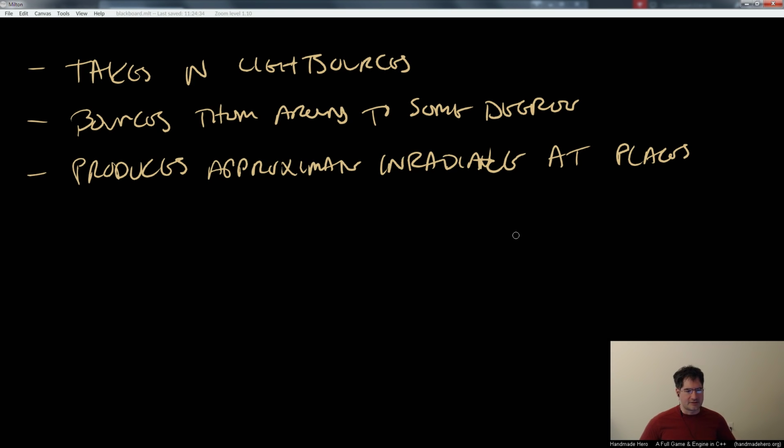Rendering 1,000 light splats into a cube map is trivial.